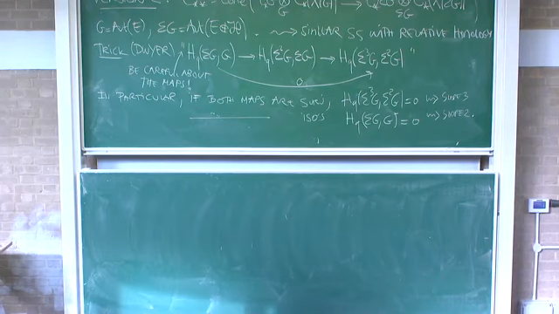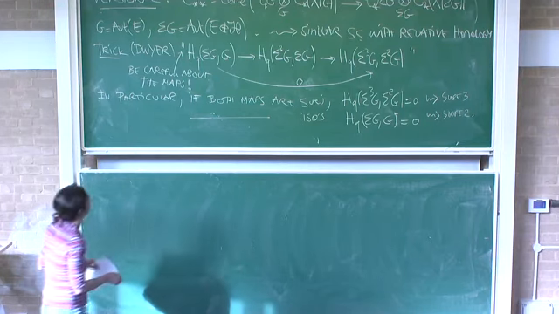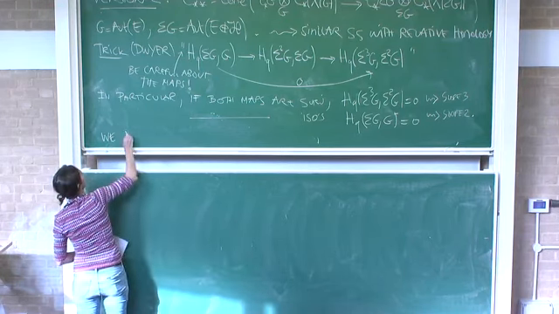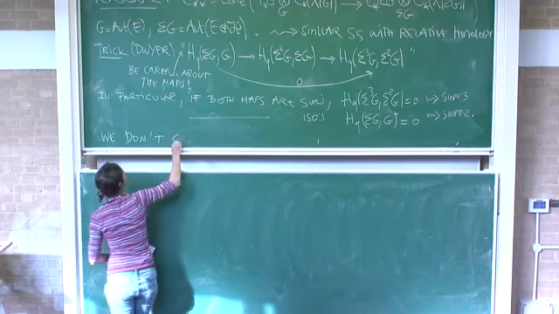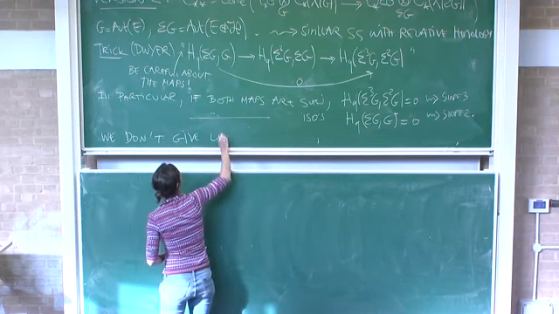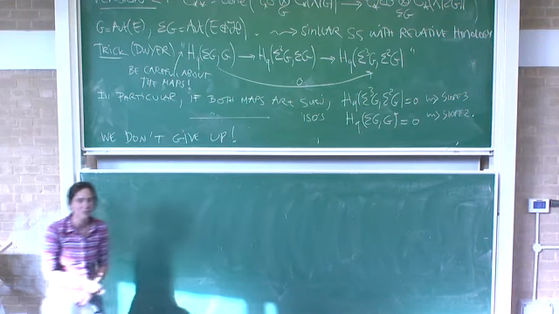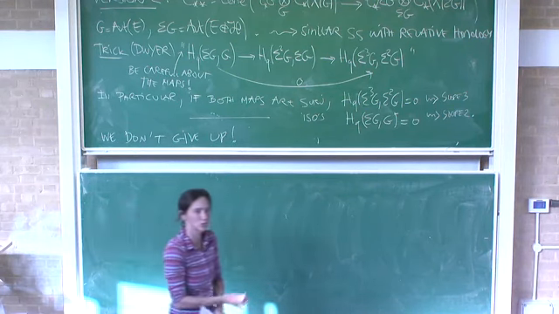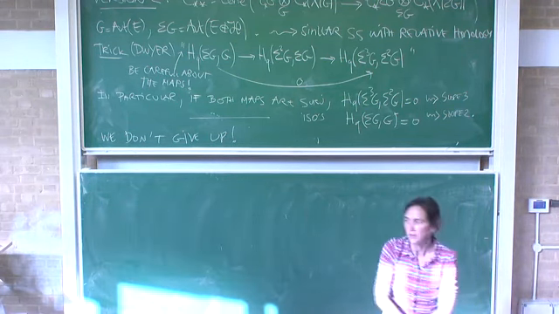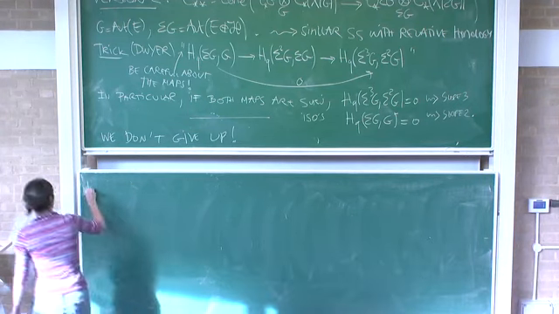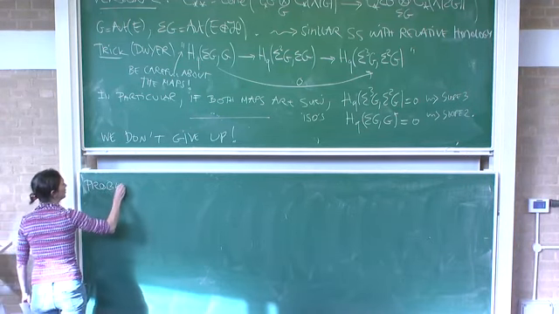Or maybe I have to do something slightly different. But okay, we don't give up. Okay, but we start thinking about what should we do? How could we have a slope one? So there's a first problem. Problem number 1.